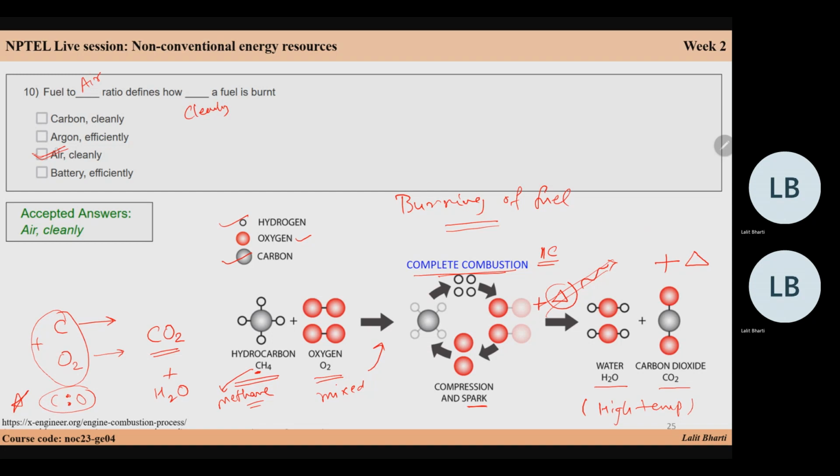Cleanly means all the fuel is burned and there is no excess fuel which is unburned. So no unburned fuel is remaining, so we can say it is cleanly burned. So the statement is correct, as the fuel to air ratio defines how cleanly fuel is burned.